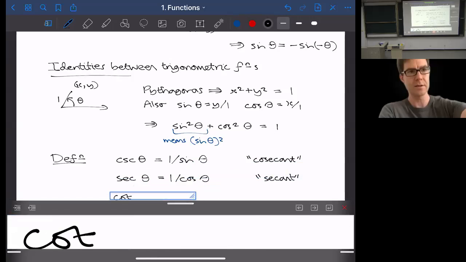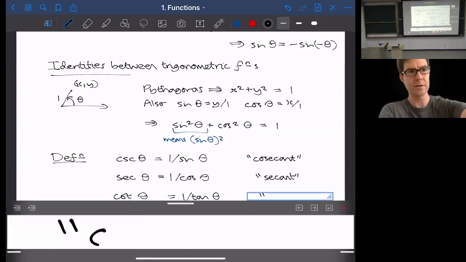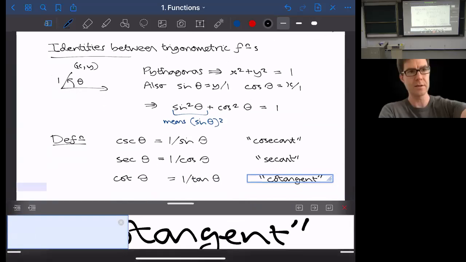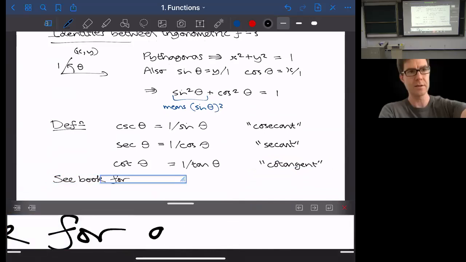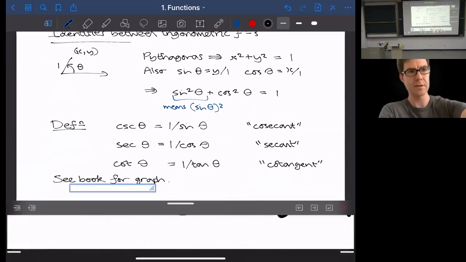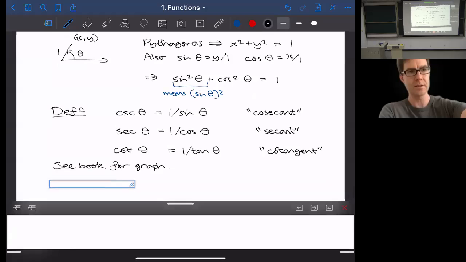And the cotangent of theta is 1 over tan theta. So we can see the book for graphs. It's very easy to calculate these other trigonometric functions, and these words are sometimes used to save time.